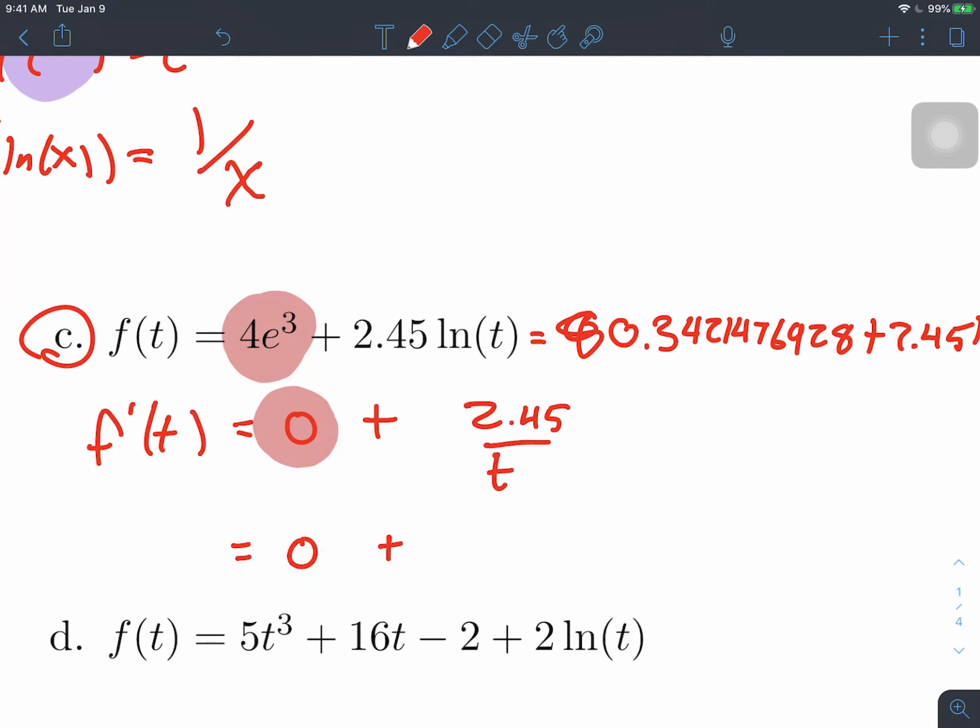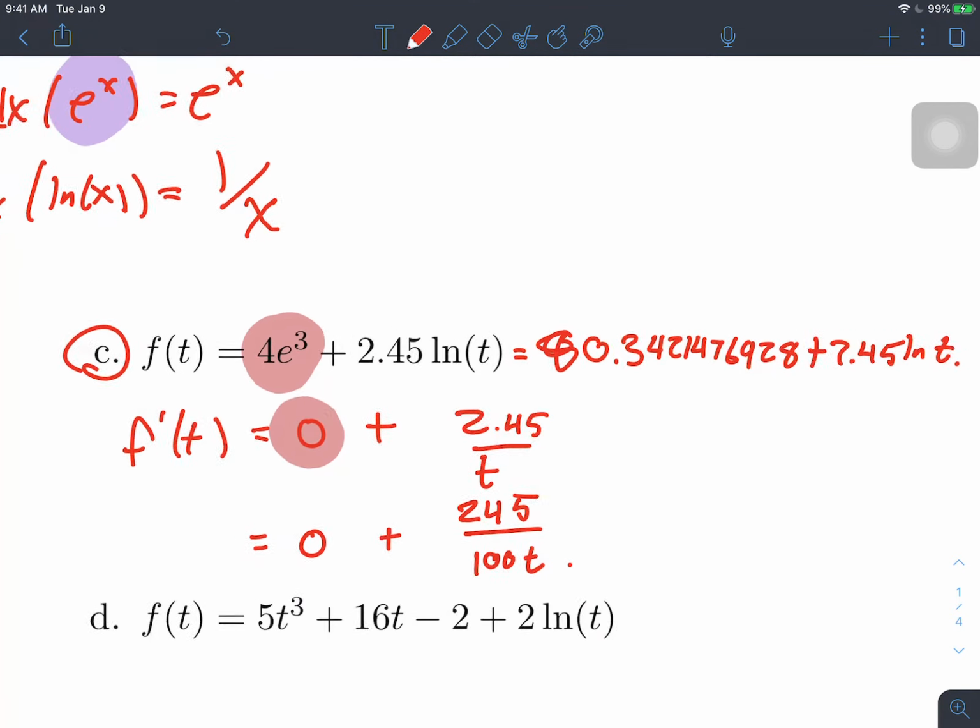It's a little bit unconventional to write a decimal in a fraction. Let's fix it by writing 245 over 100t. That's a little bit easier on the eyes. Okay, so crisis averted. We didn't fall into their trap.